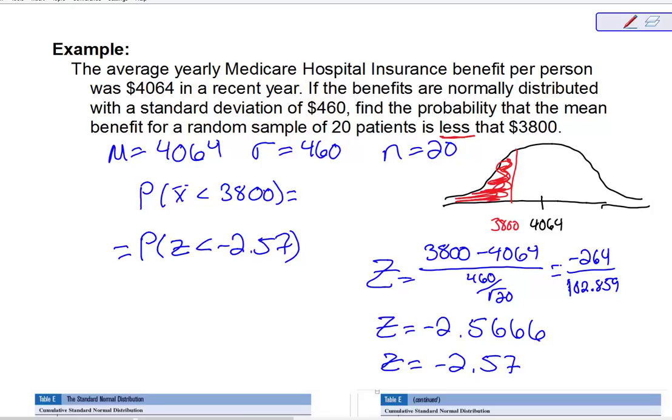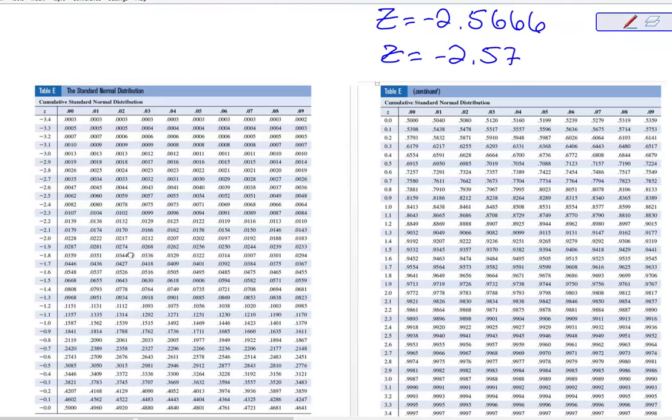Okay, remember that this is less than, so I just need to look it up in my table, which I have a copy of down here. Negative 2.57, so I come over here to the negative 2.5, which is right here, and I come across to the 7, so I'm looking for this column, and I come across this row, and I find that it is 0.0051.